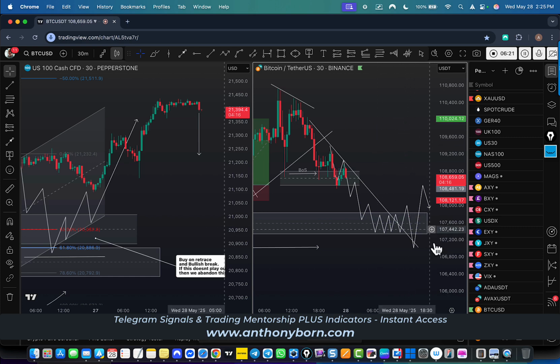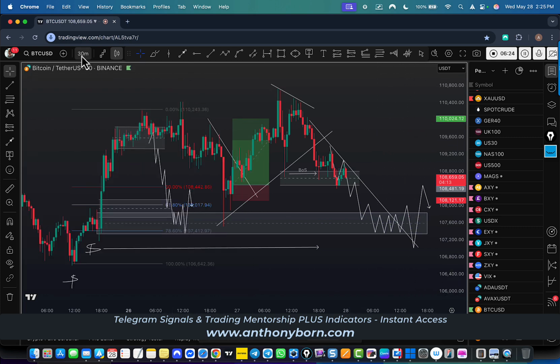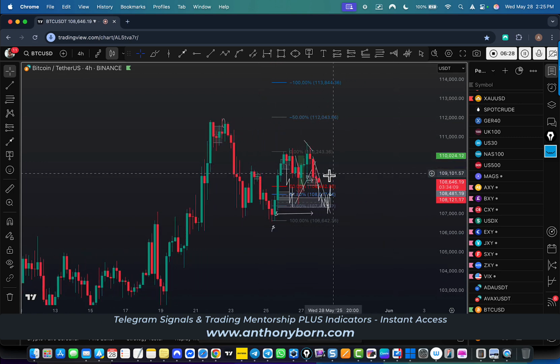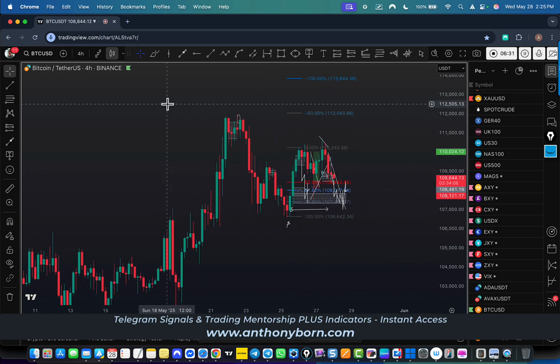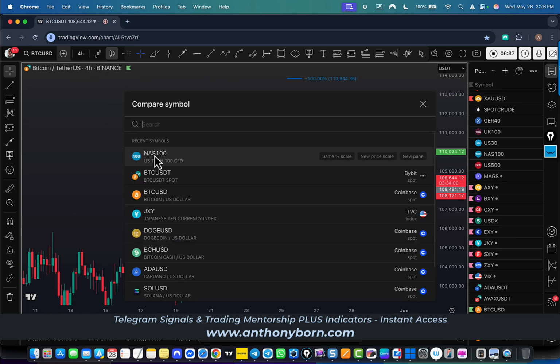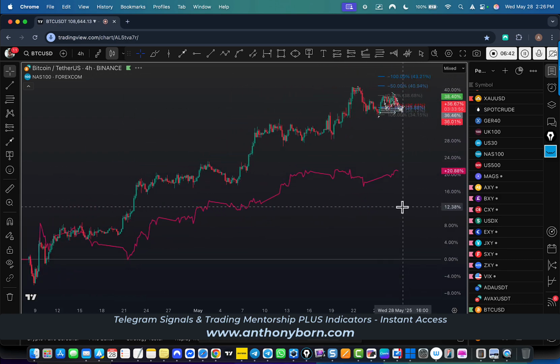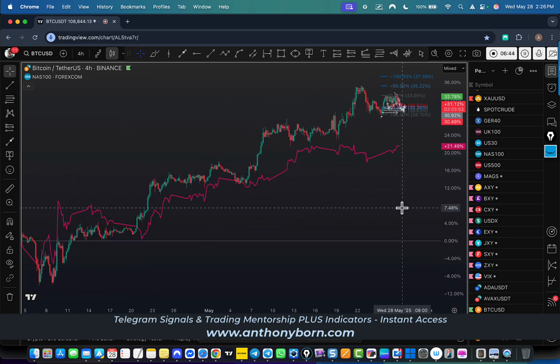And I'll show you this. I think I've done this before, but it's worth doing it again. Don't worry about all the markups. Grab the NAS and compare it. See that? See how closely correlated the tech stocks are? That's why I'm a little bit cautious at the moment.